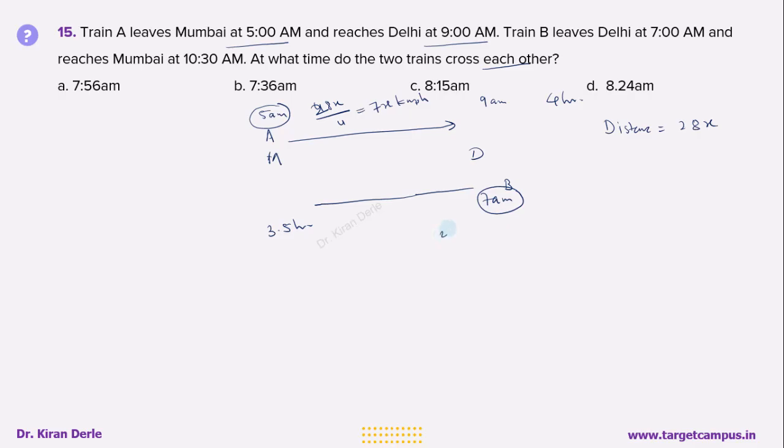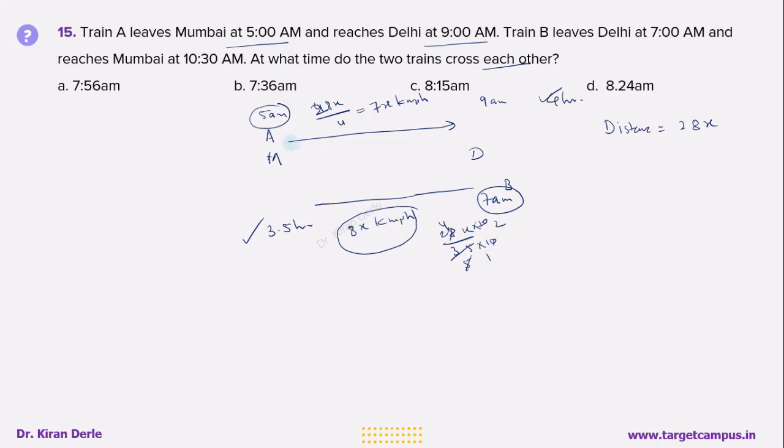And here, 28x upon 3.5, multiply by 10 on both, so this will be 280 upon 35, which is 8x kilometers per hour. This is the speed of train B. Once we got these two values, because we took the LCM of time taken, it will make our calculation simpler.